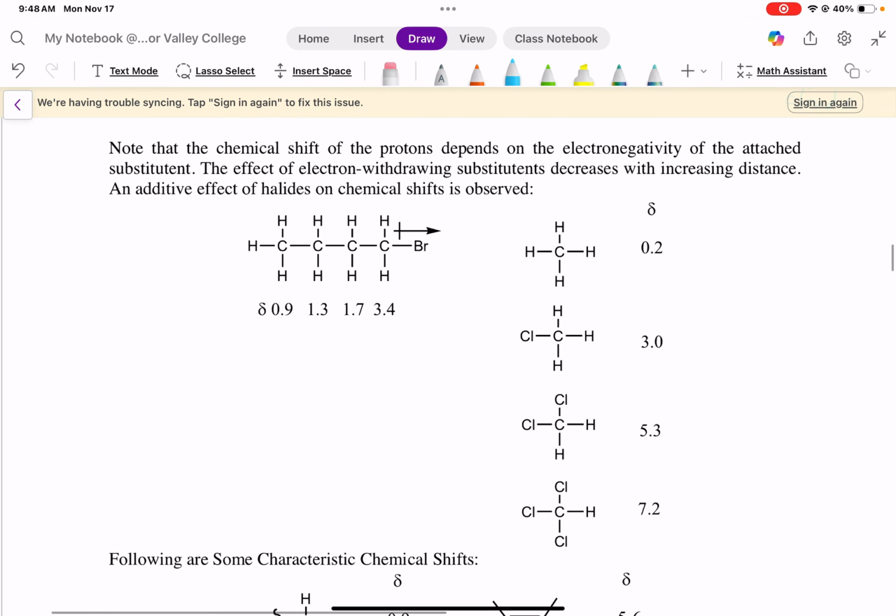So that's how we recognize them, right? By chemical shift. You see really low values. If you've got one chlorine, that's 3.0. If you've got two, that's almost double.